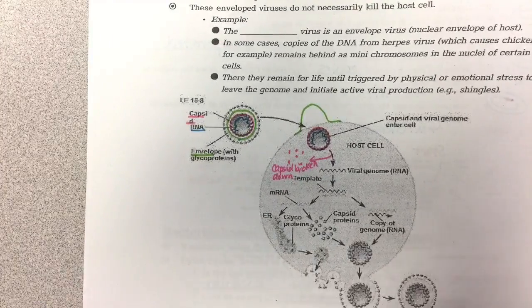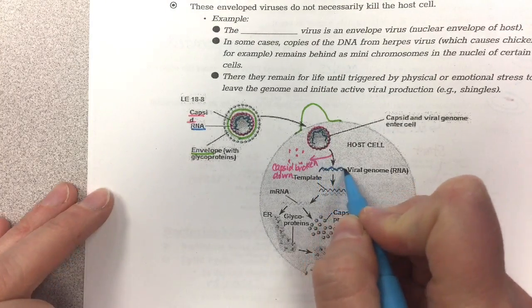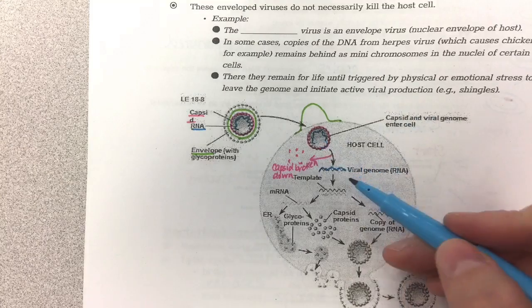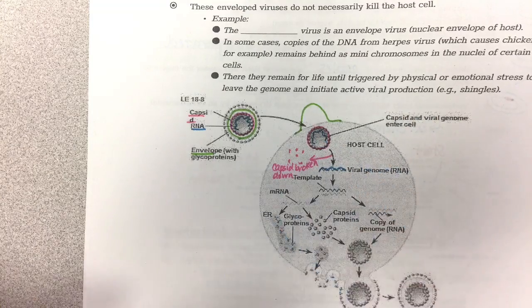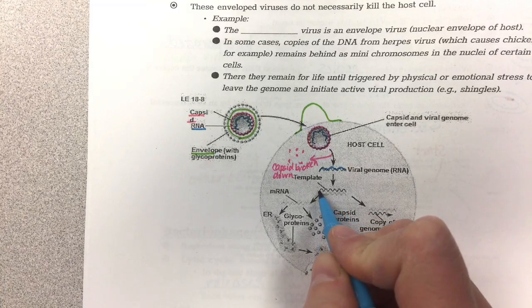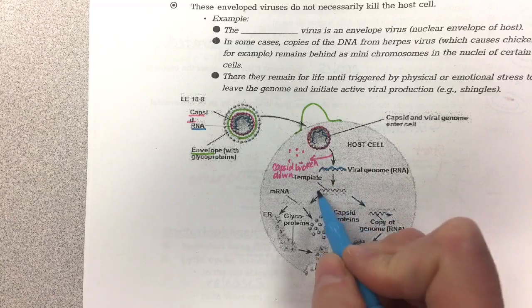And then you have, here's your viral genome. All right, so this is an RNA virus, okay, with RNA as the genetic material. And so what happens next is this RNA is used as a template.